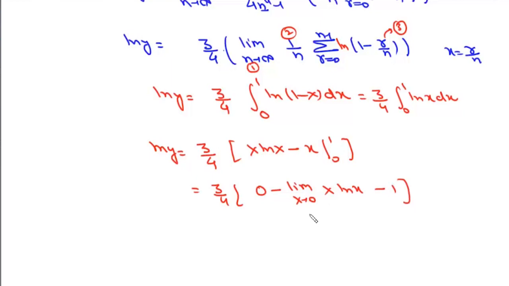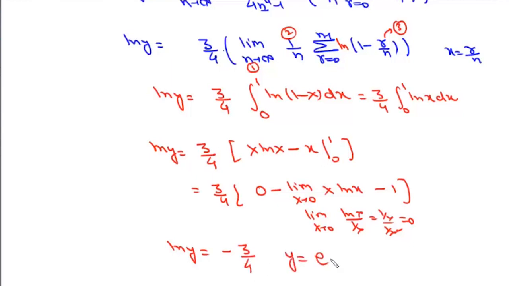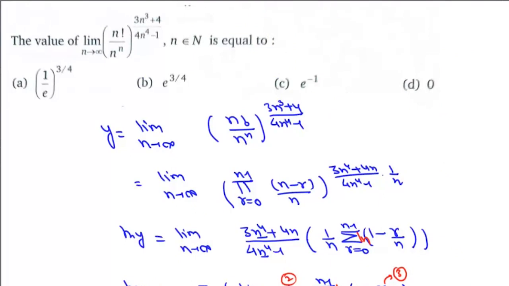Now this is 0 into infinity form, so we can write this as limit x tends to 0 of log x upon 1 by x, which is (1 by x) upon (minus 1 by x square). So this limit is 0. So from here we can write log y equals minus 3 by 4, or the value of y is e to the power minus 3 by 4. So the value of this limit is e to the power minus 3 by 4. And that's your option A.